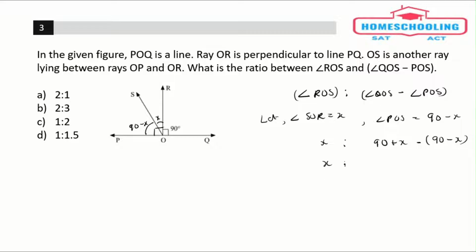So if we take out x from the bracket, 90 and minus minus would be plus, so the difference would be 2x. So the final ratio would be 1:2. As per the question, the ratio between angle ROS and the difference of angle QOS and POS would be 1:2. So this is going to be your answer.